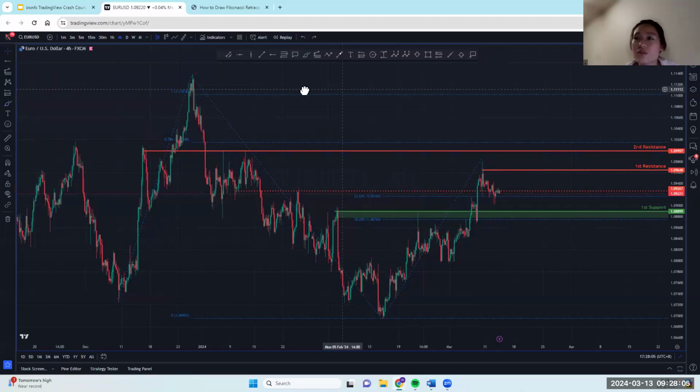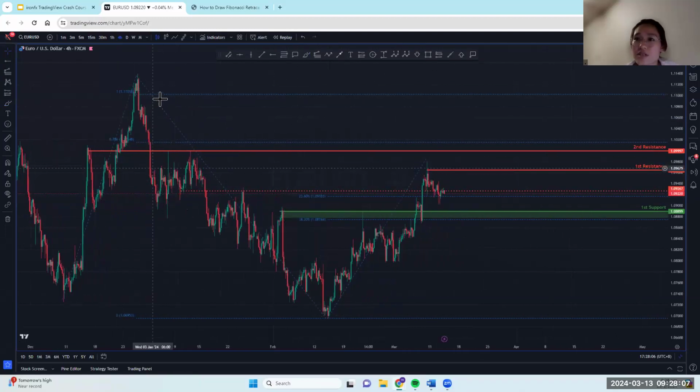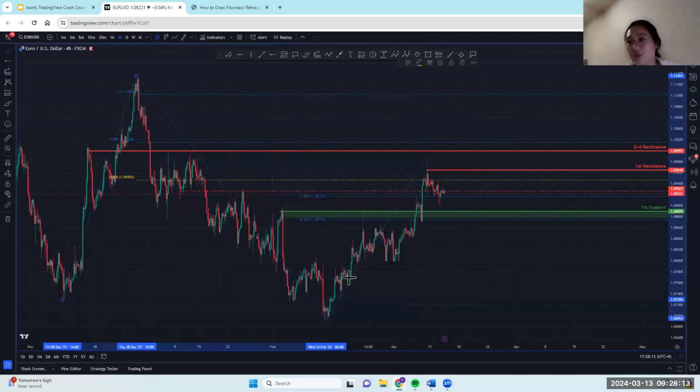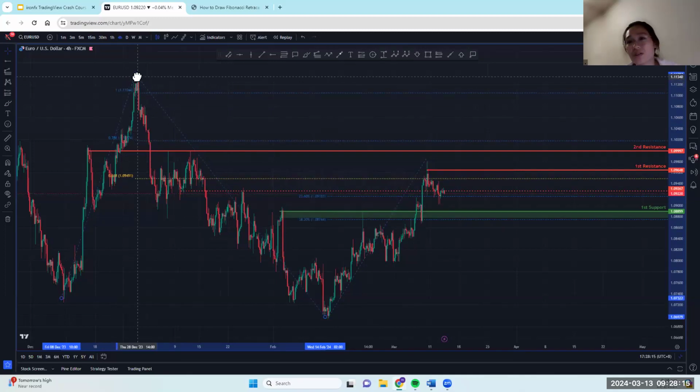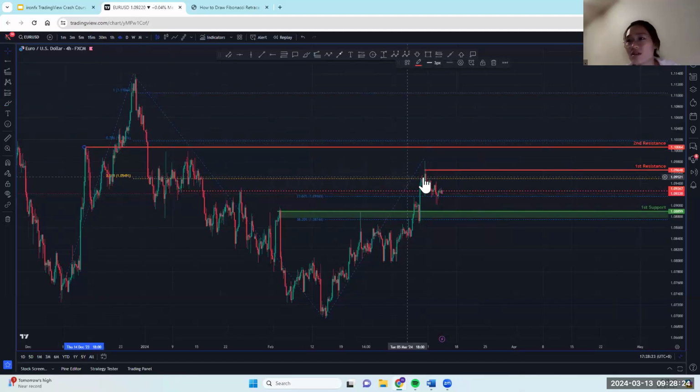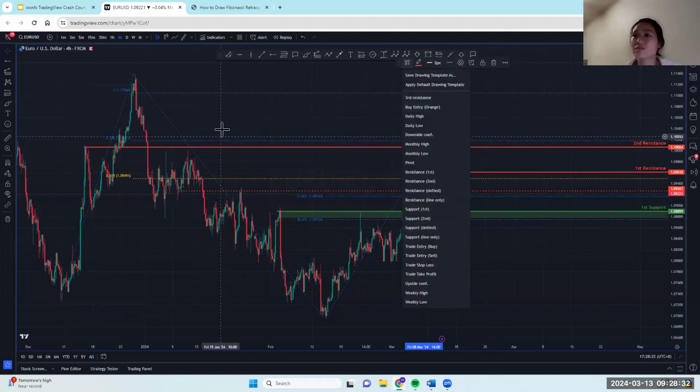So yeah, you can see that for our projection, we use 61.8, 78.6, and 100%. Okay, you can see my 78.6 is in line with my second resistance. My 61.8 is also in line with my first resistance. So I'm just going to keep those two levels.